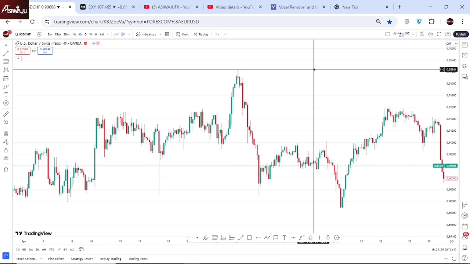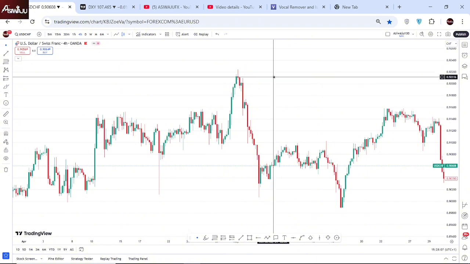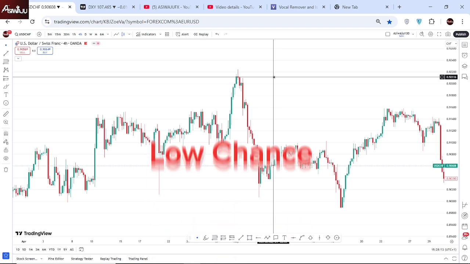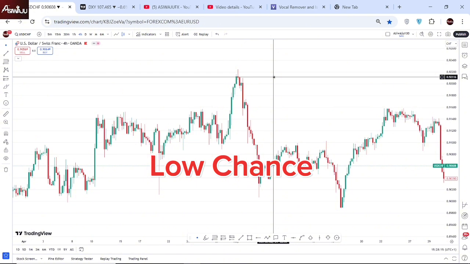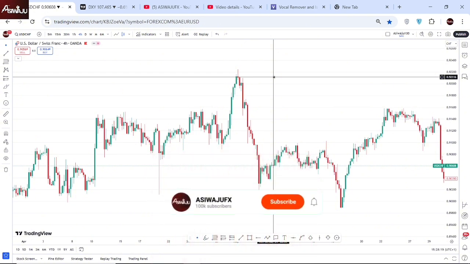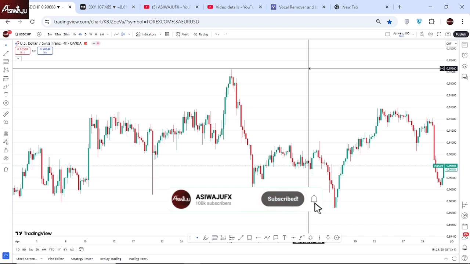Even supply and demand on the higher time frames is more effective than the one you see on the lower time frames. Using imbalances on the lower time frames, you have very low chances that it's going to be that effective or helpful for your strategy or your entry. Make sure you're making use of it on the higher time frame.